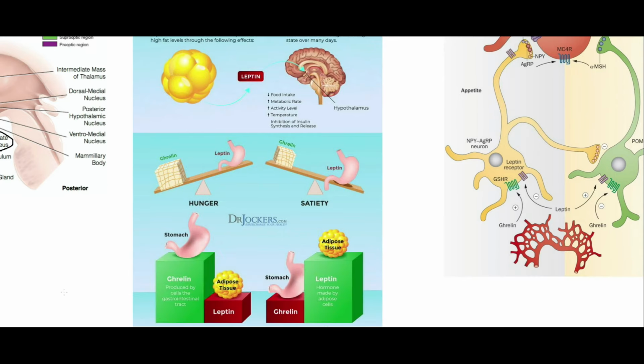And so ghrelin is produced in the cells of the gastrointestinal tract and will then circulate through the bloodstream and reach the brain and tell you that you are feeling hungry, where leptin is a hormone made by adipose cells, and that will then also circulate through the blood, get to the brain, and tell you that you are not hungry. And both of these hormones have just a bunch of other different things that they affect as well.